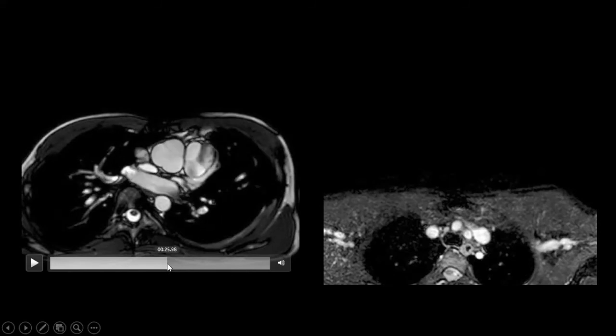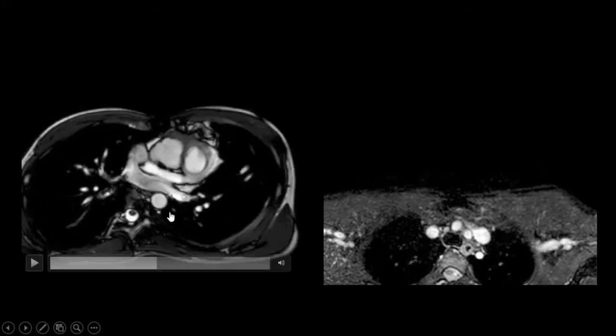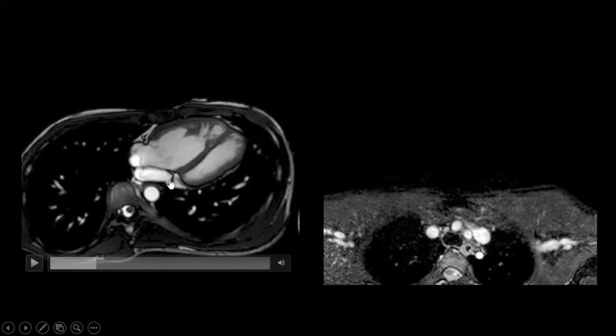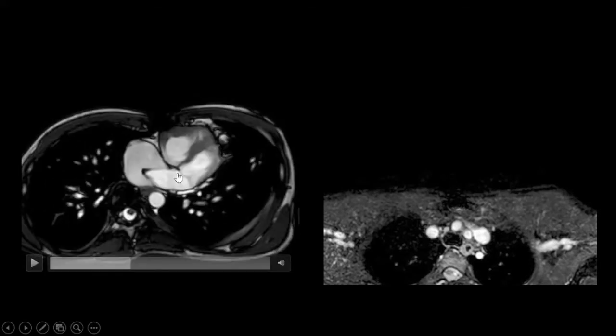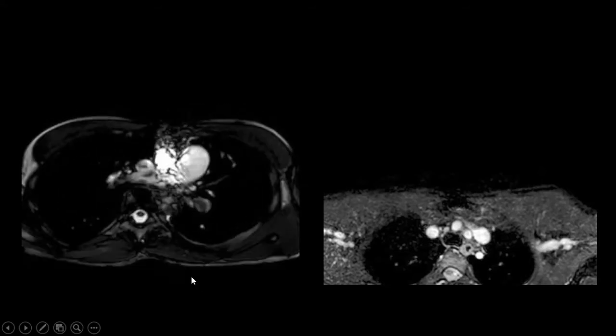Now let's follow the flow of contrast and look at the baffles. This is the SVC, this is the baffle, this is the IVC limb of the baffle, and they are seen draining into the left ventricle. So the venous flow goes to the left ventricle, which gives rise to the pulmonary artery.